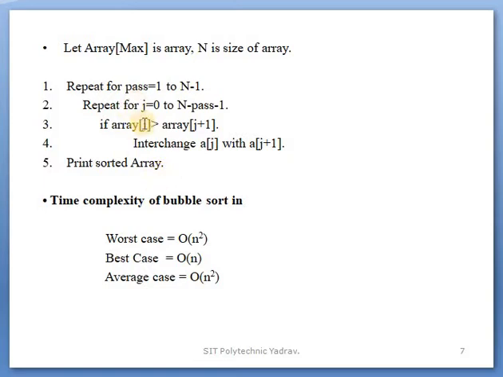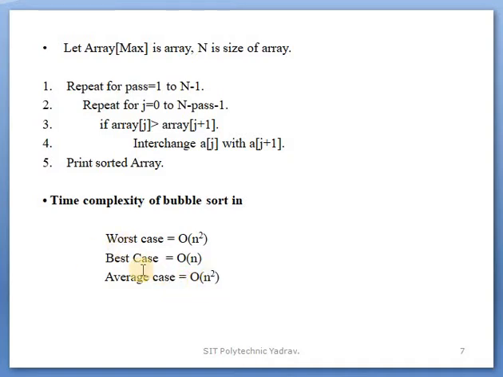What is the logic, or what syntax is used? This is the syntax used. Time complexity of bubble sort: worst case is big O of n square, best case is big O of n, and average case is big O of n square.